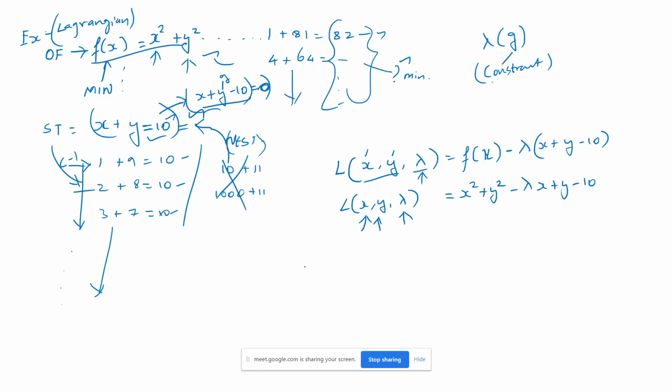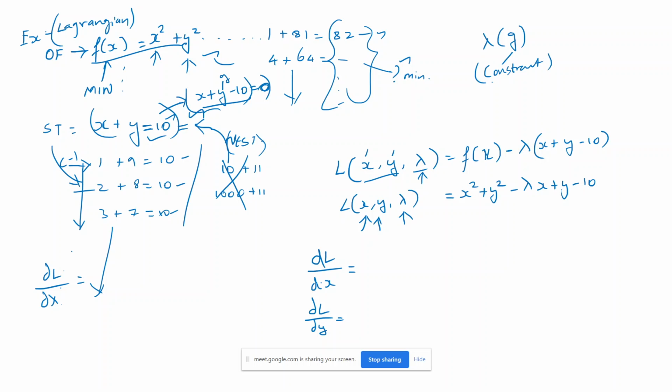Say what are all those? For example, if you differentiate this equation with respect to dx, and then differentiate this with dy, and then differentiate this equation with d lambda, we will get 3 equations. Am I right? We will get 3 equations. So what will that be?